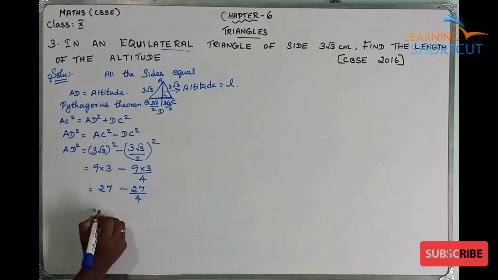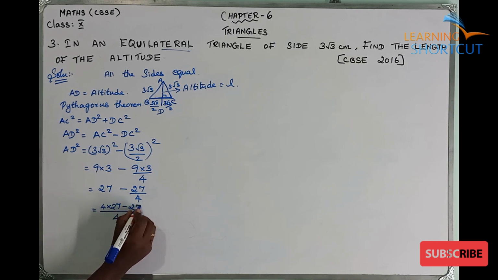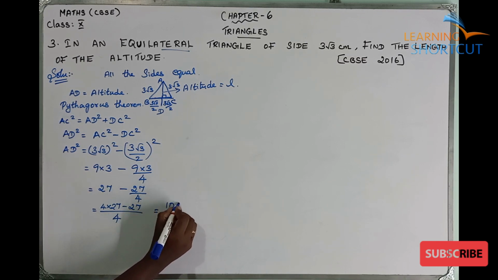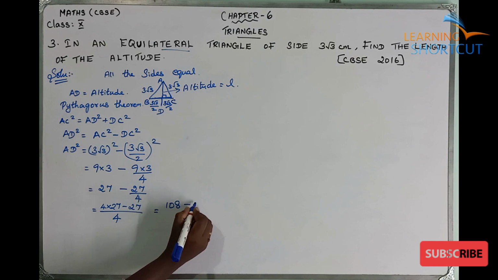So we are getting 4 as common. We will get 4 into 27 is 108 minus 27, divided by 4.